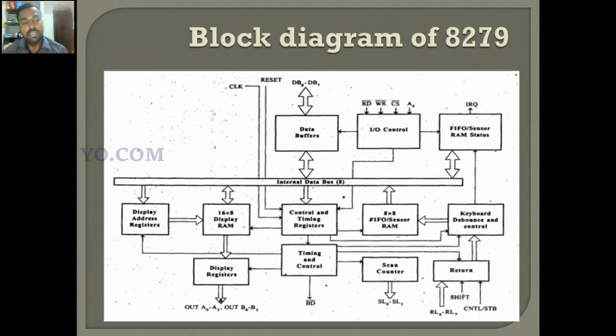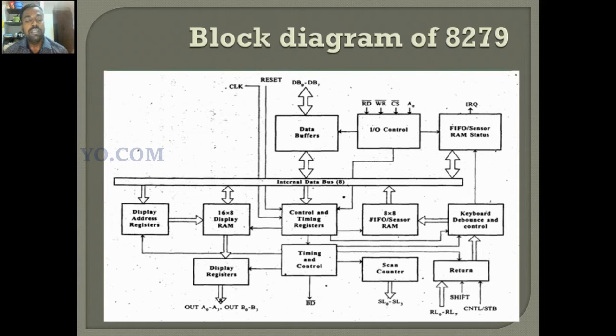The next one is the display address registers. This register holds the address of the display device, to what we want to display. Then the display address register is connected with the display RAM. So it is a 16x8 display RAM, so we can store 16 numbers of 8-bit data in the display RAM.